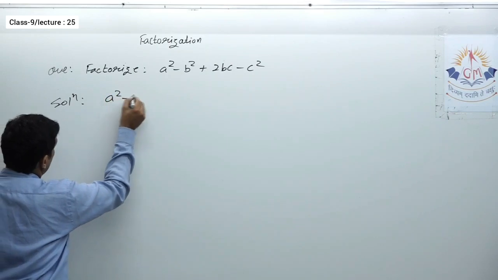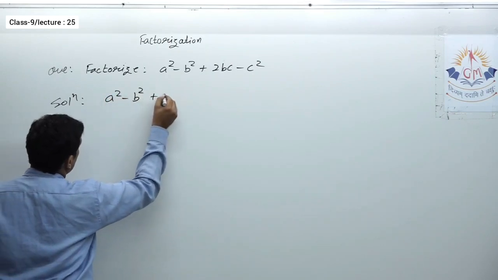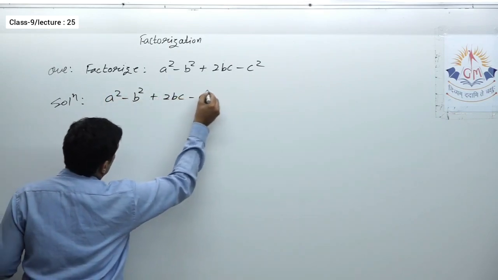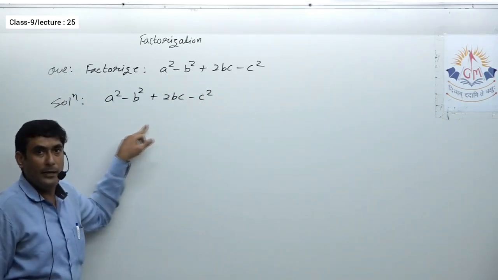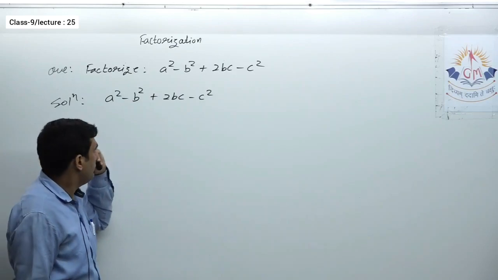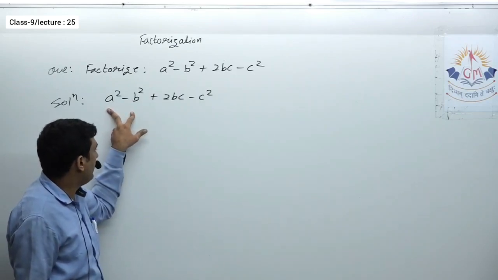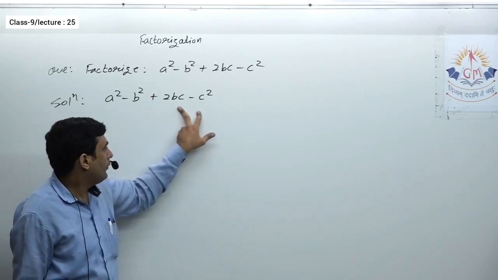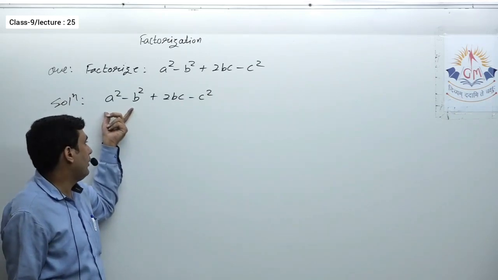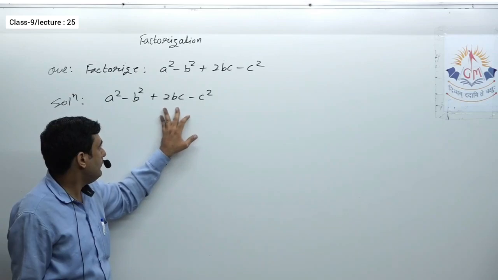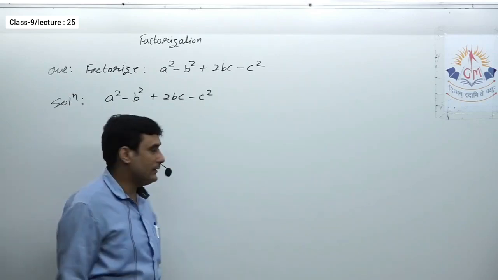So here I have a square minus b square plus 2bc minus c square. Now definitely I can't take anything common from all four terms. Even though from these two I can't take anything common, from these two I can take common, but as it is not possible to take common from these two, we can't factorize it further.